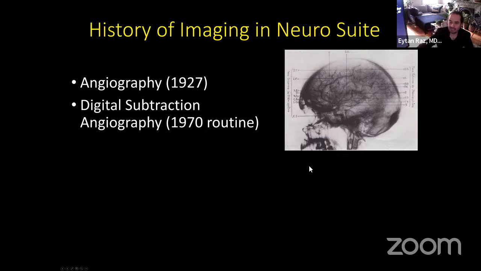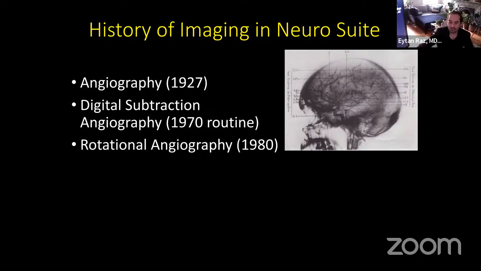Now, the next big step was probably rotational angiography. People realized that acquiring the images while rotating the machine during acquisition would lead to a better understanding of the vessel, but there was still no availability of creating 3D imaging. That developed a little later, in the late 90s, when people realized that those acquisitions could be reconstructed into real 3D images.